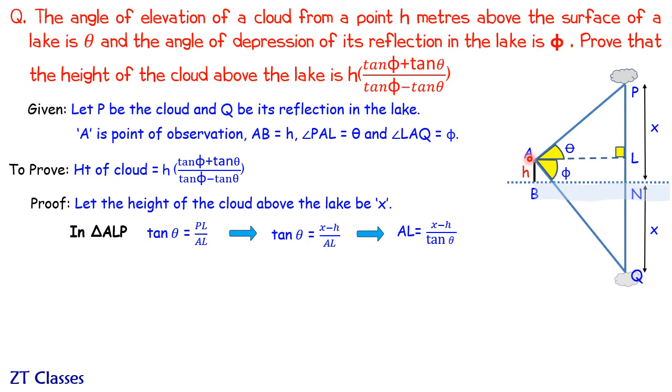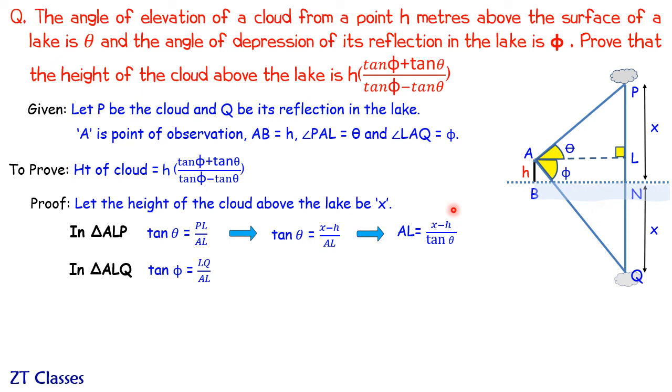Now in the second triangle, AL is known, and LQ is known, that is x plus h, and we'll find the value of tan phi. So the second triangle I am taking is triangle ALQ. In that, tan phi is equal to perpendicular upon base.